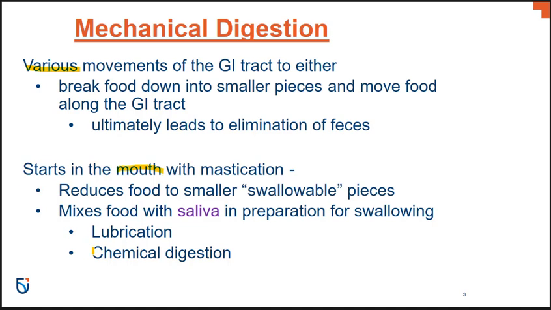Now, in some cases, which we'll learn about later, the enzymes contained within saliva actually begin the process of chemical digestion. So in other words, with certain foods, both mechanical and chemical digestion begins in the mouth. Now, at this time when food enters your mouth, and you begin to mechanically break it down, it is called a bolus, which is spelled B-O-L-U-S.